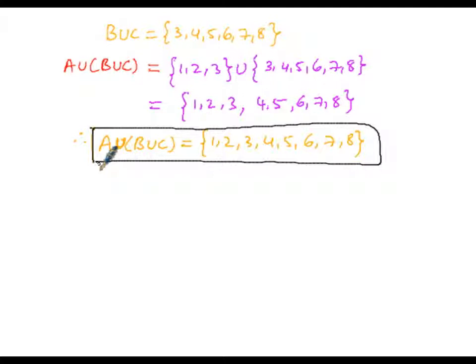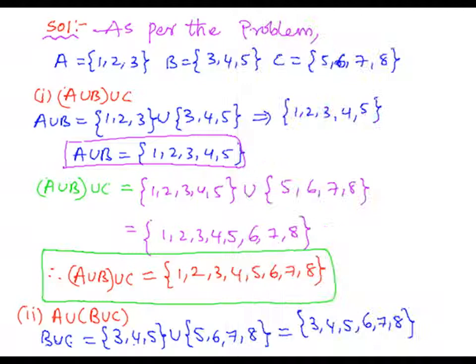Let us write this as equation number 2. Now, A union B, union C is equal to 1, 2, 3, 4, 5, 6, 7, 8, the elements of A union B union C. Let us write this as equation number 1.